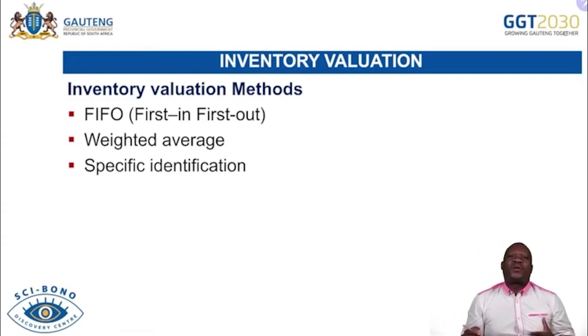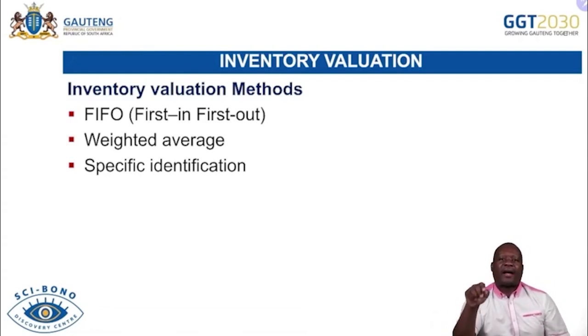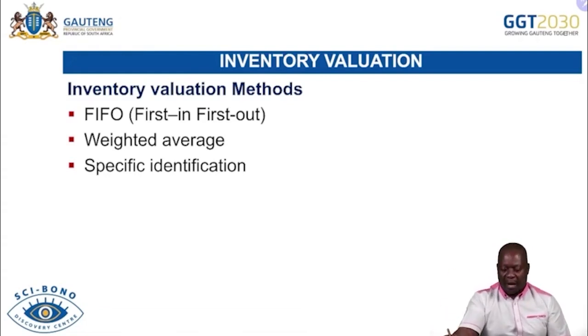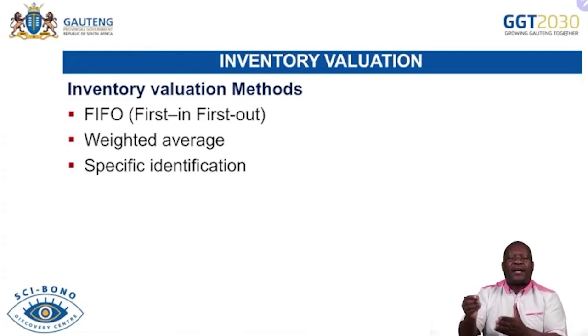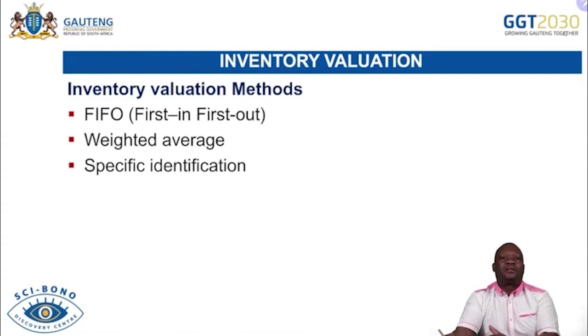This method works on the assumption that whatever was bought into the business first is also going to be sold first. What does that mean? It means whatever stock items that are still there are coming from the most recent batch. So our closing stock is going to be made up of the most recent prices of stock.